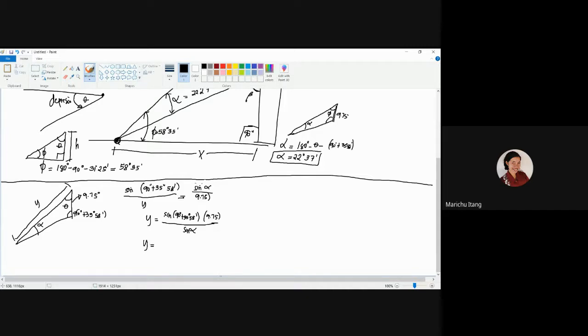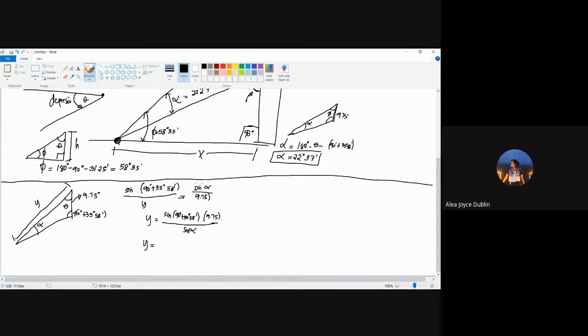What is the value of y? That equals sine 90 plus 35 degrees times 9.75 over sine alpha. Alpha is 22 degrees 37 minutes.